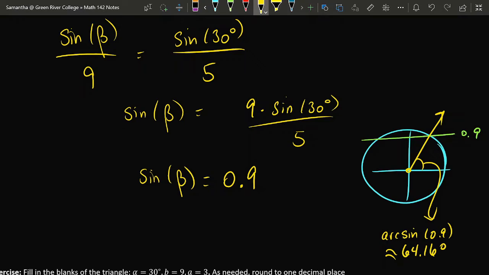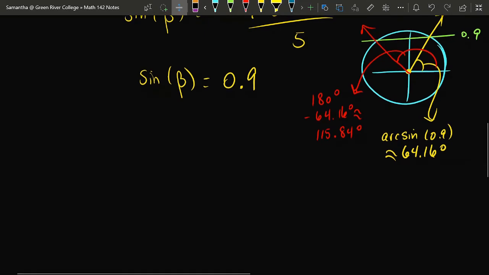But that's not the only angle at which sine outputs this value. There is a second angle larger than 90 degrees, which would also correspond to the same y coordinate on this circle, the one on the far left. Using the same reasoning that we used when solving trig equations, it can be found by taking half a rotation, or 180 degrees, and subtracting the 64.16. So that would be the obtuse angle, 115.84 degrees.